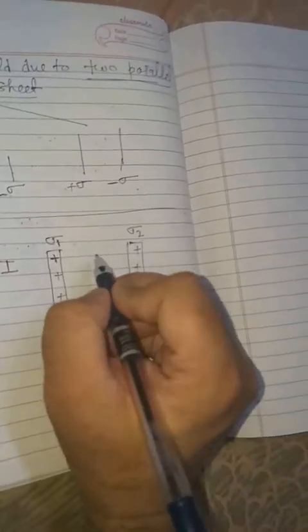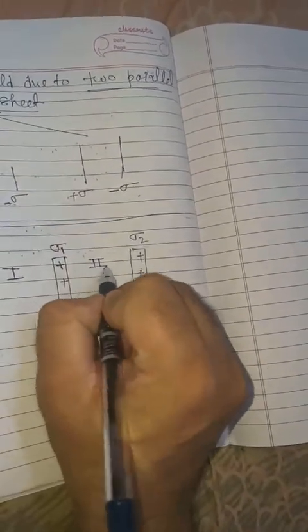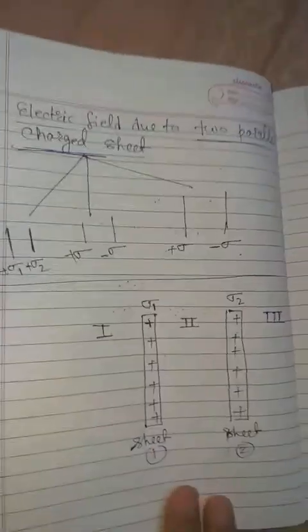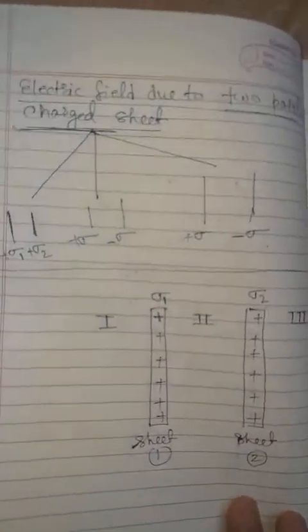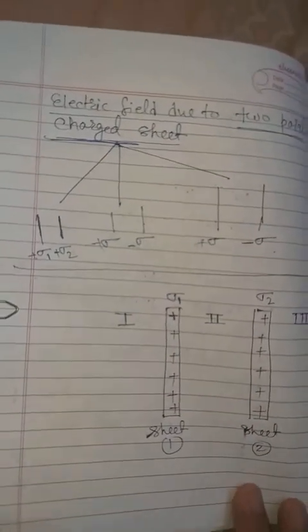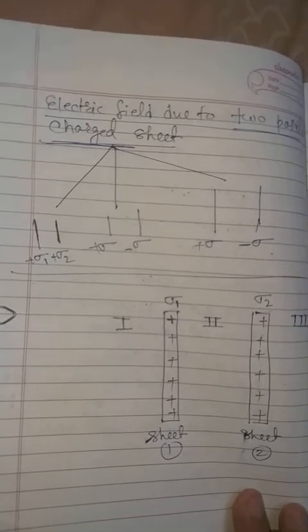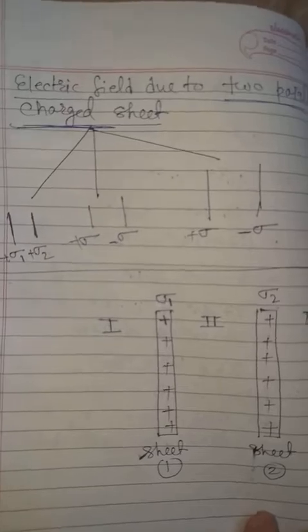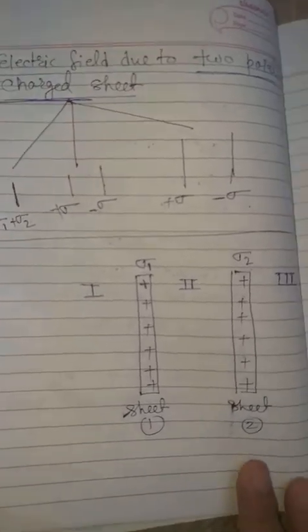This is region second, in between the sheets, and this is region third, extremely right of the sheets. As you know, wherever we want to find the electric field, we assume a test charge, and the test charge must be small and positive.